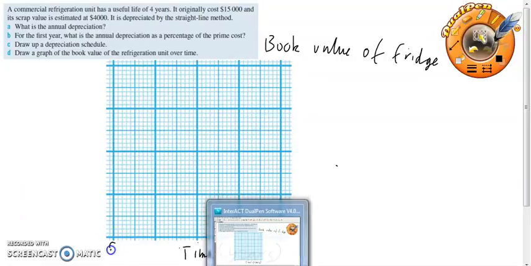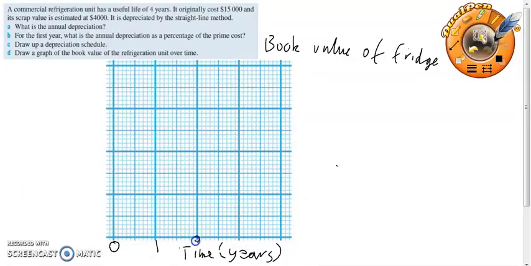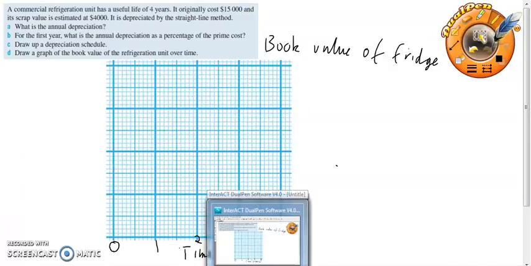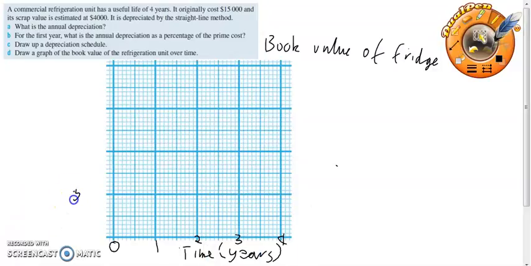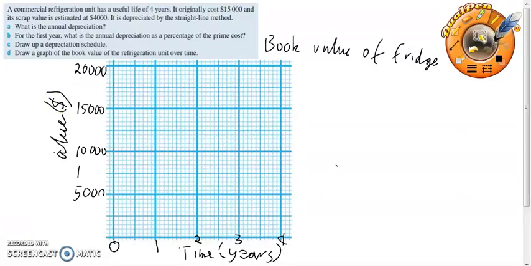So we've got 0 years, 1, 2, 3, 4 years. And up the side we can go up 5,000, 10,000, 15,000, 20,000. And this will be the value in dollars. Didn't write my V in, that's not very nice.